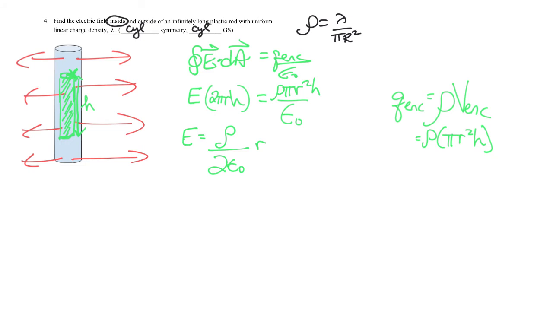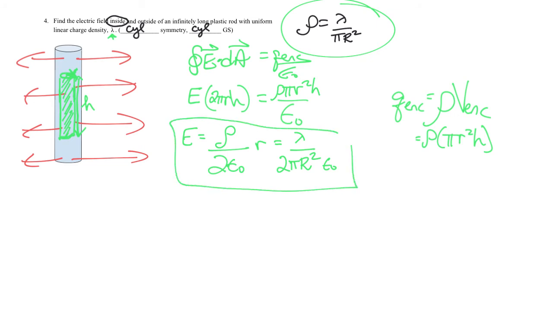Just because we need to make sure that we stay in the problem, remember that rho up here is equal to lambda over pi r squared, and then we've got a 2, and we've got an epsilon naught here, times r.